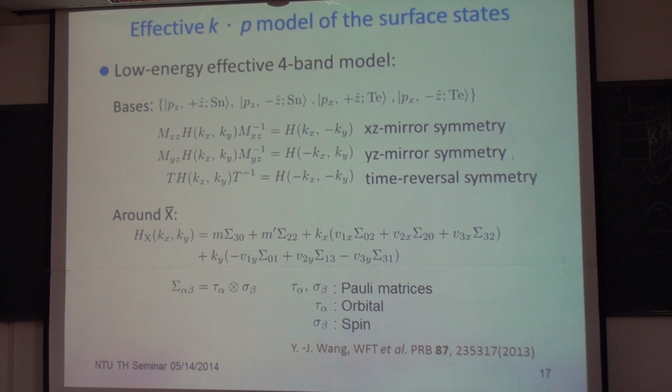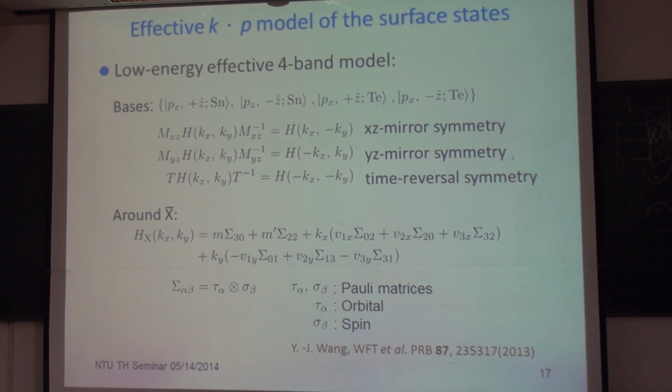The pictures I showed you earlier were also done by first principles calculations. But in order to understand its physics more easily, we need a simplified model. So this is the one we developed for that surface state.